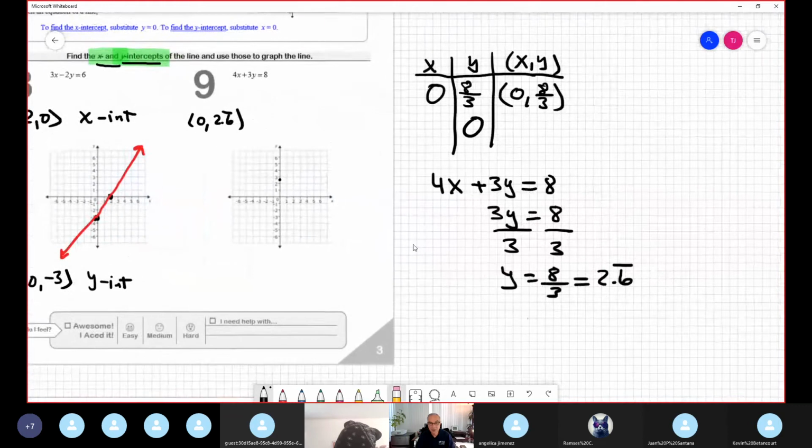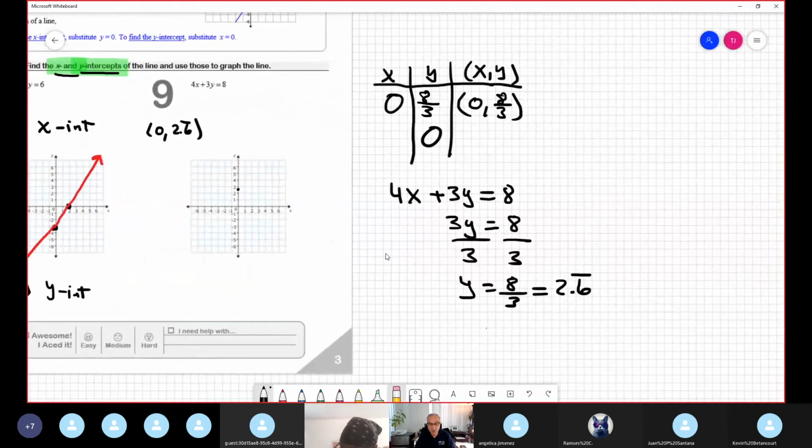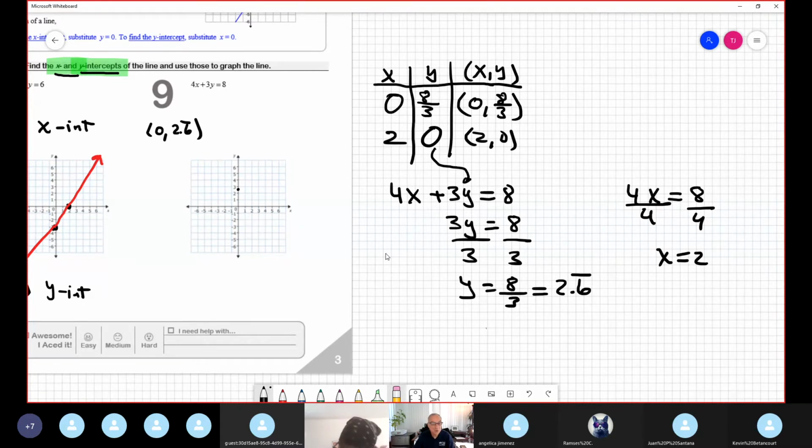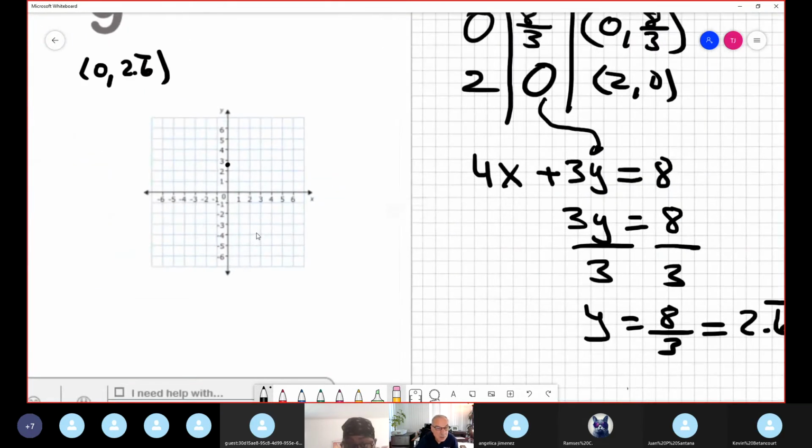Now, in the other component, I put y equals 0 here. What stays is 4x equals 8. Oh, this is easier because when you divide by 4, it's 2. It's 2 here, and the point is 2, 0. Nice. Let me zoom in here.